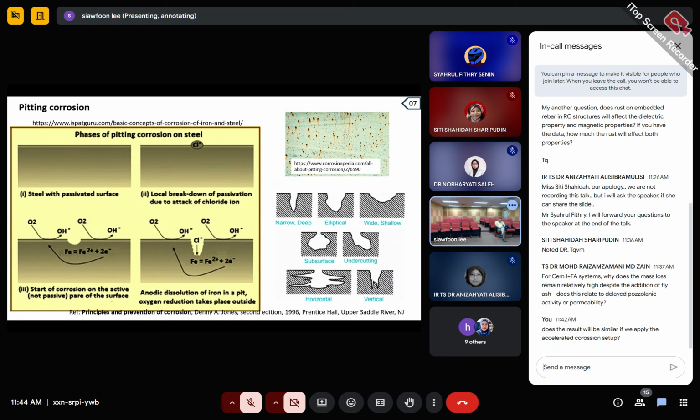But actually you need to understand that this fly ash, although it's a pozzolanic material, will change the calcium hydroxide to C-S-H. Sometimes you apply too much, and actually not all of it is used. So the effect will just stay there.